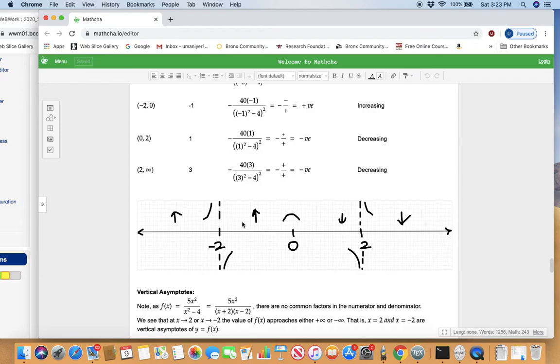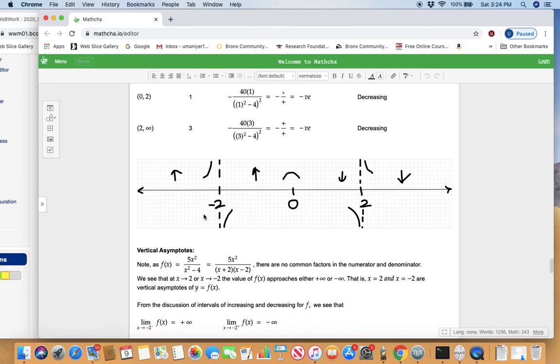I can't draw like this. That would make a decreasing function. So if I'm increasing, I'm coming from bottom here and increasing. All right. So these are my vertical asymptotes, and we understood how the asymptotic behaviors represent here.